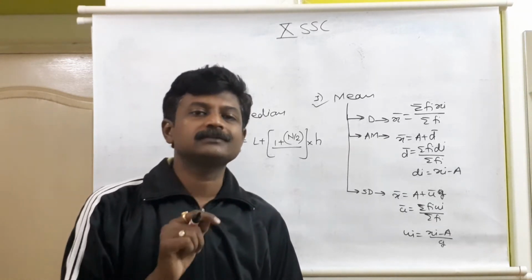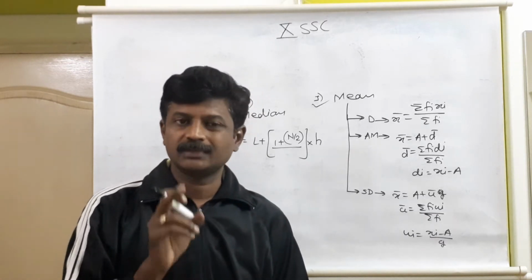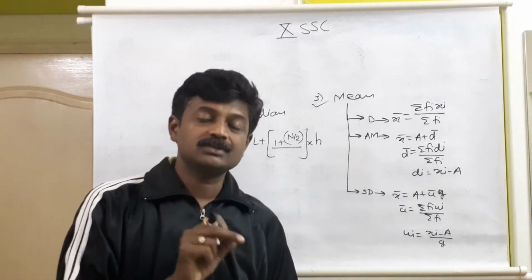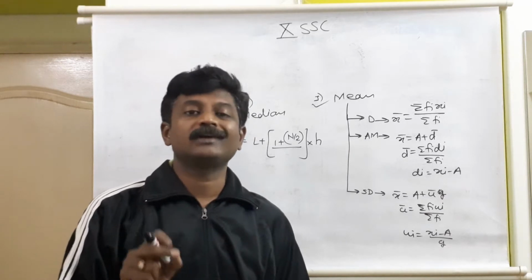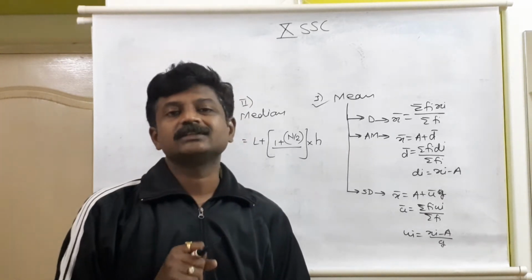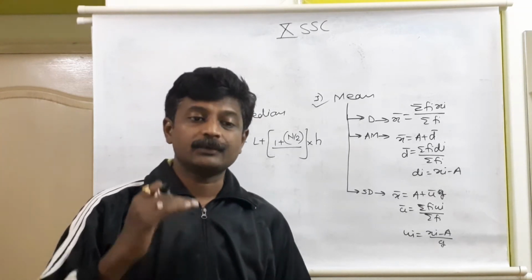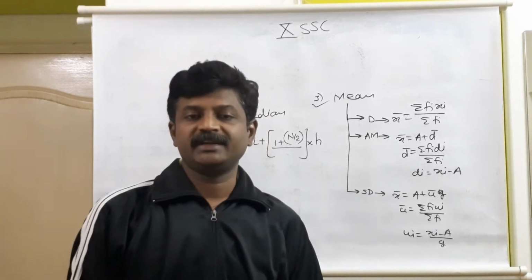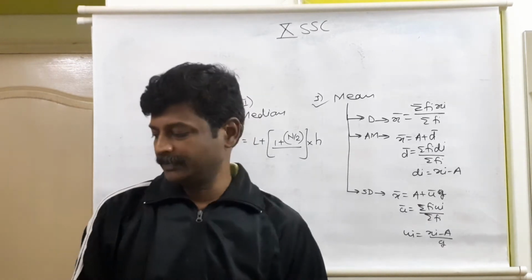Then the lower limit of the median class in continuous form, this is very important. The lower limit of the median class in continuous form will be the value of capital L. N by 2 we already have. Cf is the cumulative frequency of the previous class of the median class, and F is the frequency of the median class.